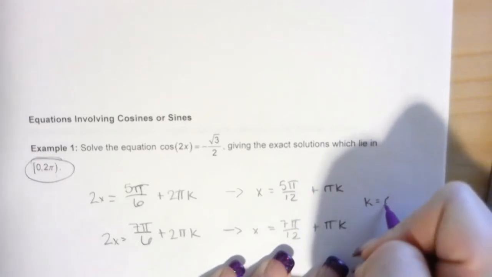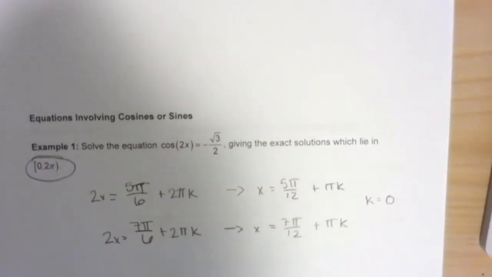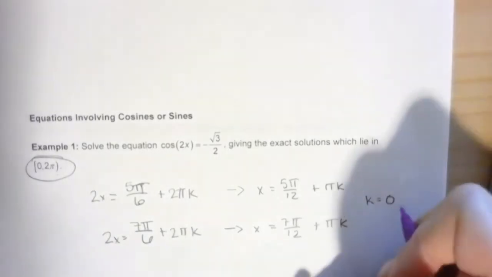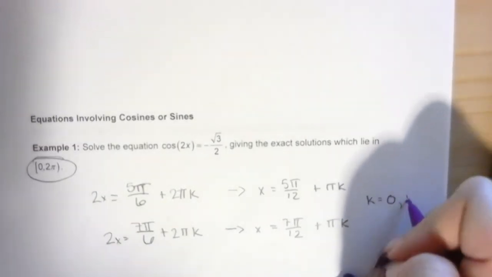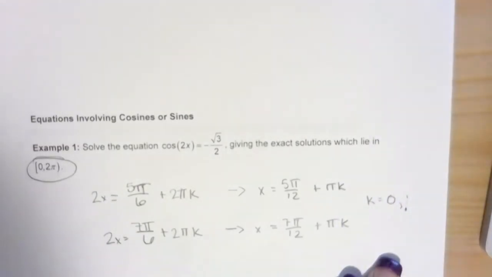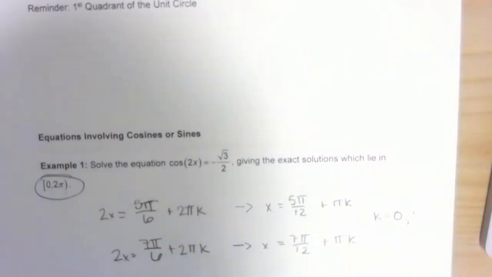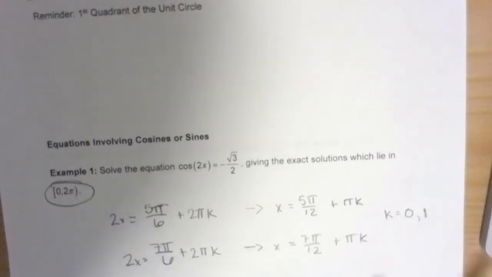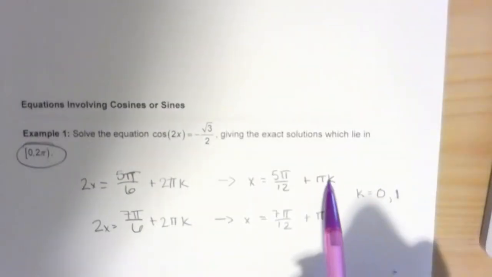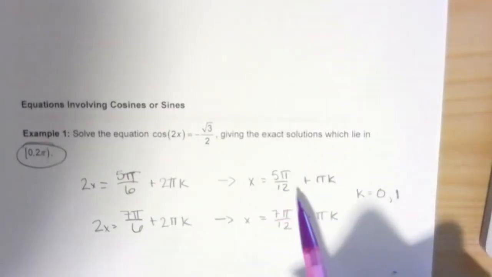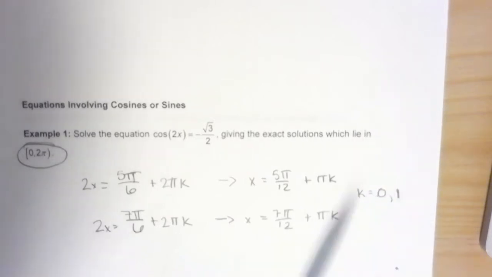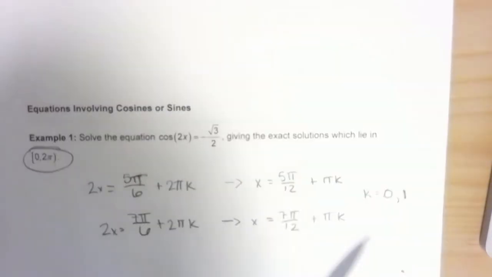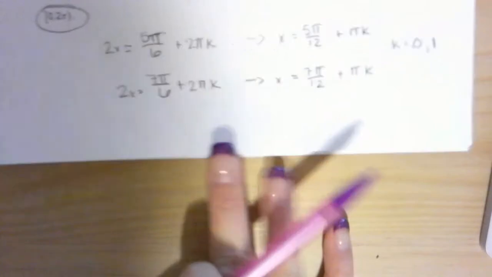Well, k can equal 0, right, because we're still on the unit circle. k can equal 1 because we're still between 0 and 2 pi, but we can't go any further because if k equaled 2, we'd be more than 2 pi, so we're going to stop right there. What we're going to do now is plug in the values of 0 and 1 and we'll have our solutions.